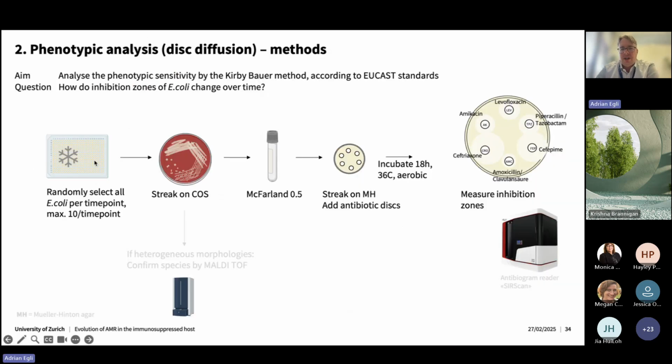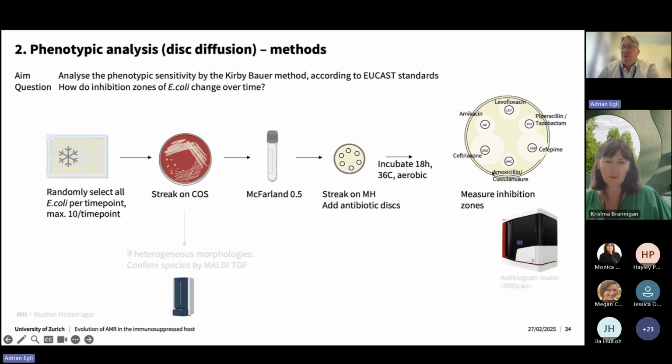What she then also does is she takes these E. coli strains and streaks them out again, generates a McFarland and measures by disk diffusion inhibition zones of 6 critical antibiotics, which are commonly given in these patients. So amikacin, levofloxacin, piptazo, cefepime, and 2 more beta-lactam antibiotics.